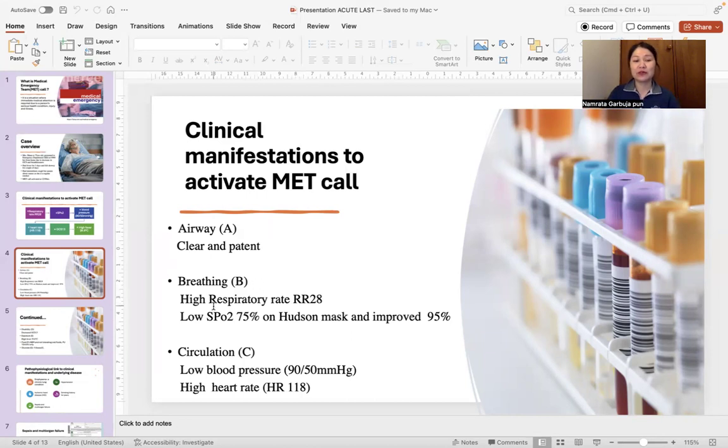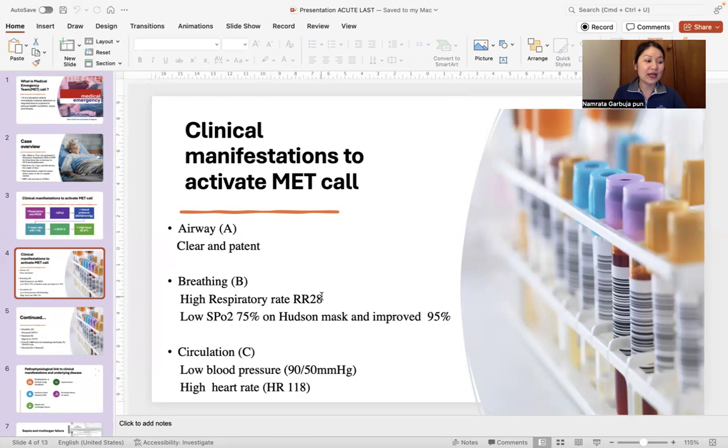Talk about breathing. One of the clinical manifestations to activate a med call is her high respiratory rate. Her breathing rate is 28. She also has low oxygen saturation. She's saturating at 75% on the Hudson mask. But she improved her oxygen saturation to 95% with BiPAP, initial setting FiO2 50%.